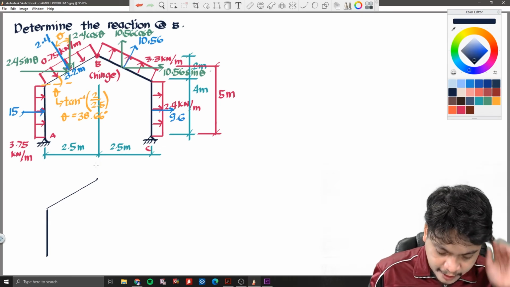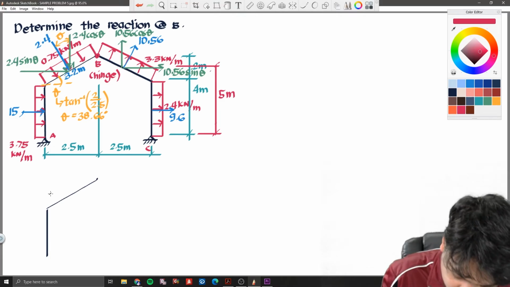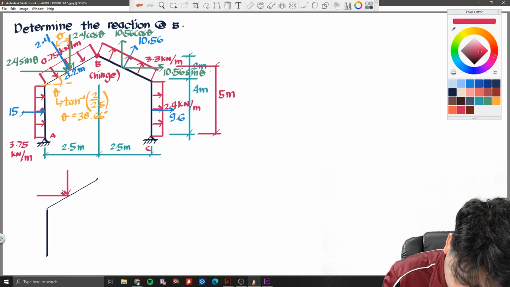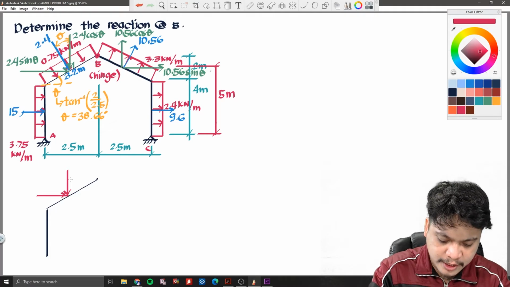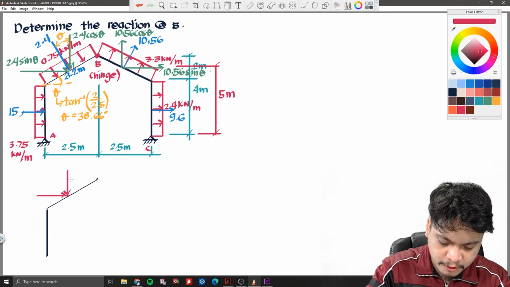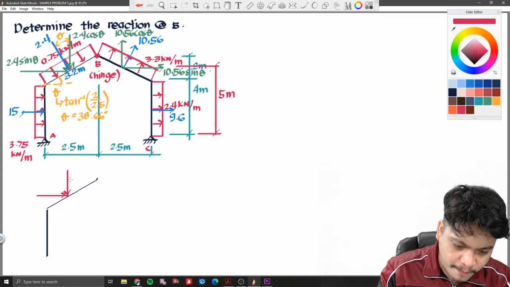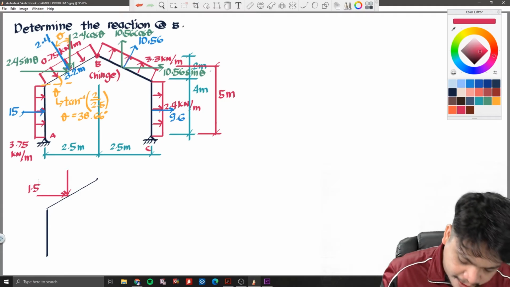Alright. And then, lagay ko na yung pinaka-loads ko. Sa gitna, ito kasi yung gitna mo. Dalawa yon, isang pababa, isang pataas. Unahin ko na yung 2.4 sine of 38.66. So, that's 1.5.